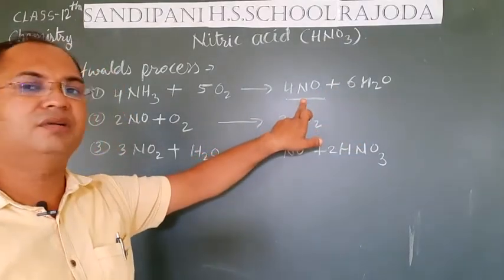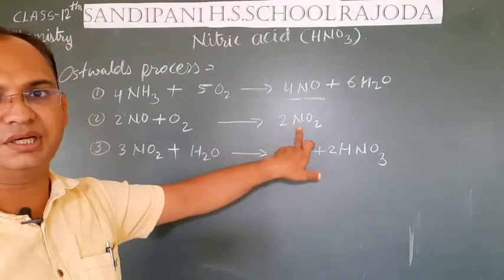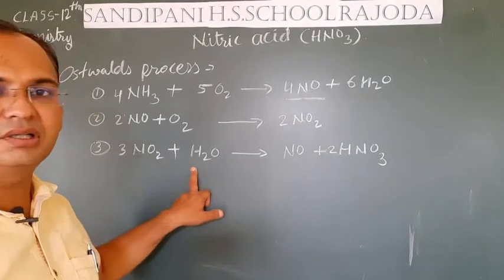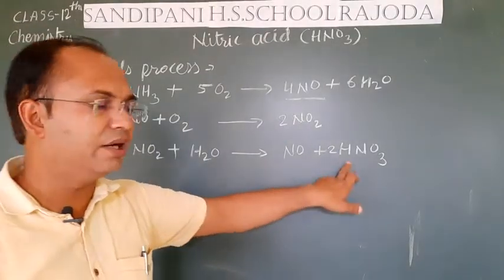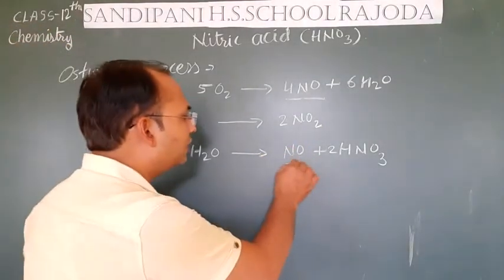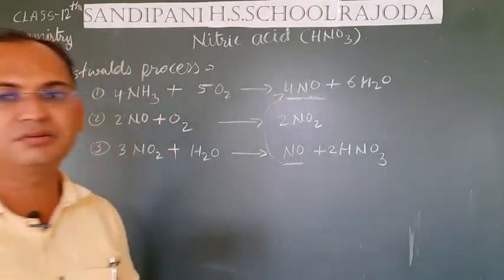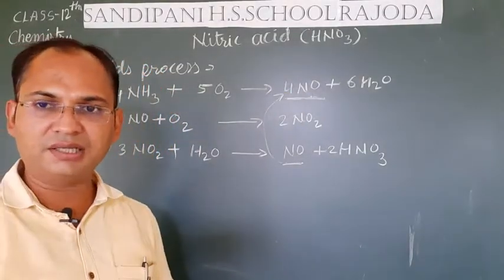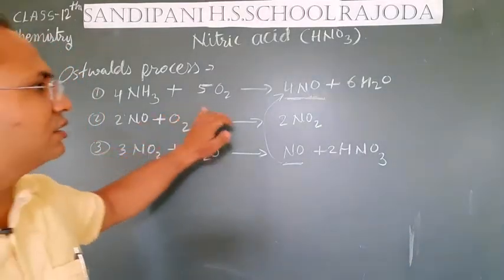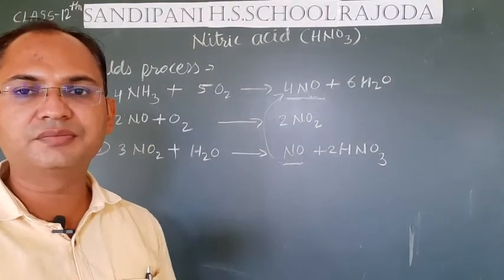These nitrogen oxide molecules again combine with oxygen to form nitrogen dioxide. This nitrogen dioxide combines with water to form nitrogen oxide and 2 molecules of nitric acid. This nitrogen oxide again can be used in the place of this nitrogen oxide, and again it can be used to prepare nitric acid. So students, these are the 3 different methods to prepare the nitric acid.